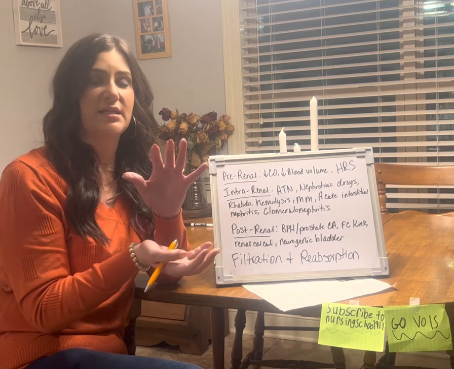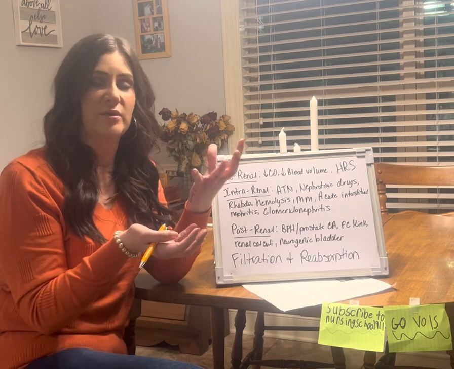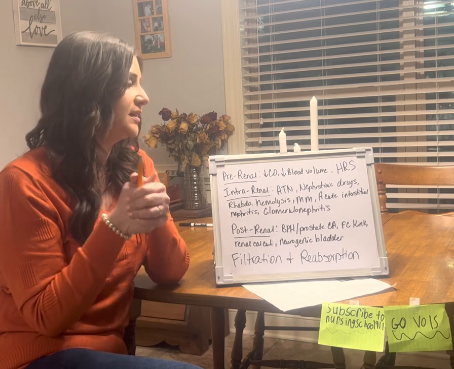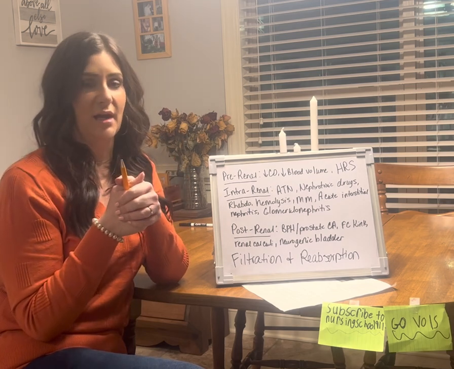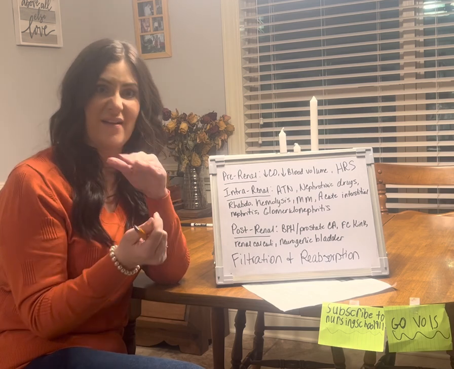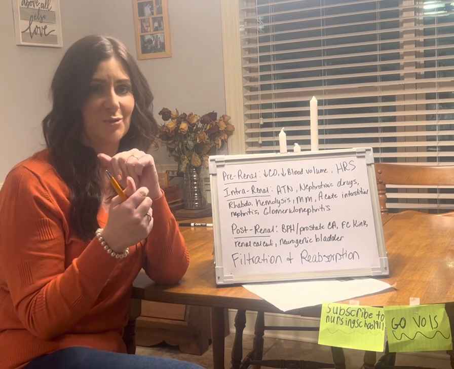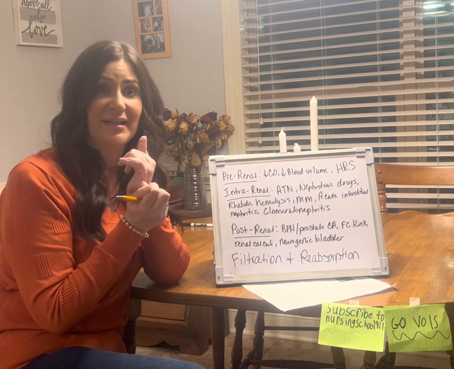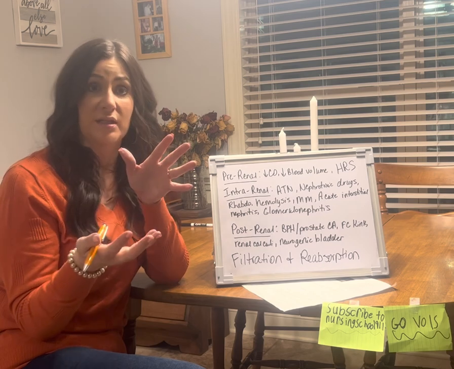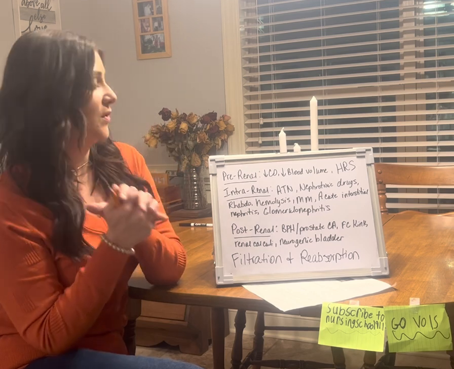And so any process that causes an inflammatory reaction there can cause acute interstitial nephritis. So think about drugs like proton pump inhibitors, like our Protonix that we give everybody for GI prophylaxis, right? Think about those beta-lactam antibiotics. Also, things like lupus can cause acute interstitial nephritis, all right?